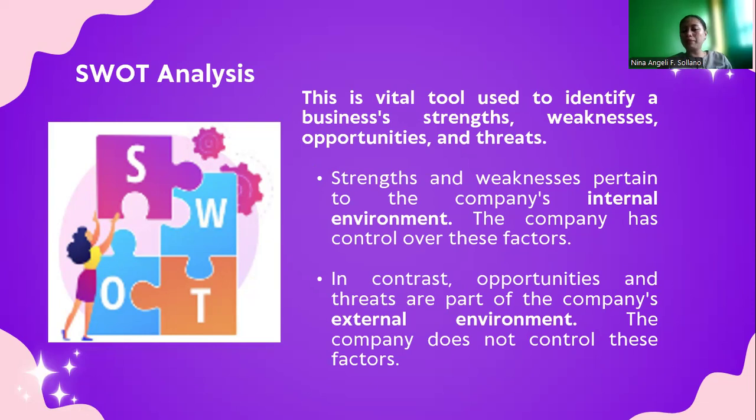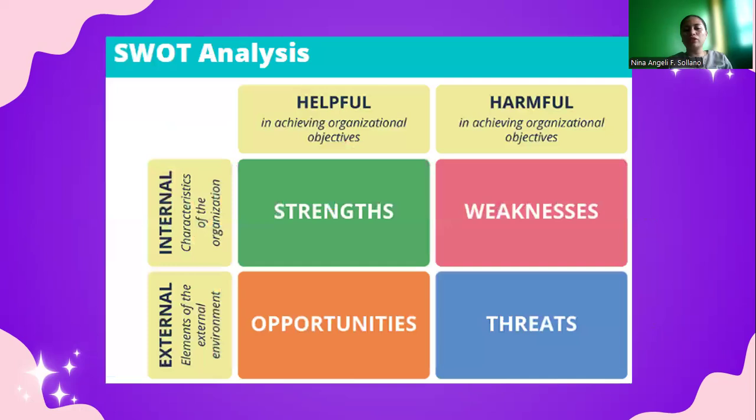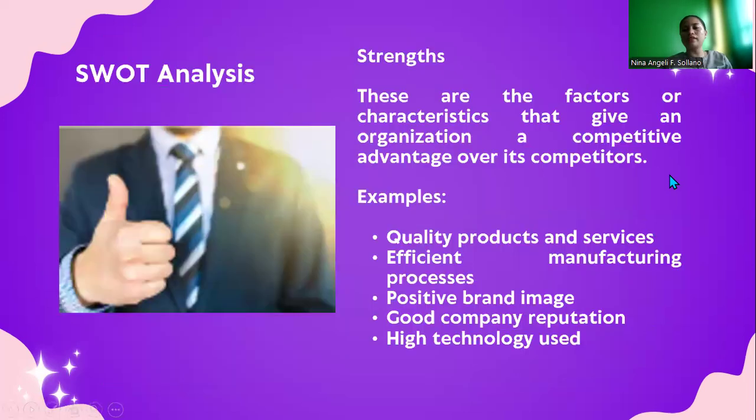So you need to expect these in your company. There may be a lot of opportunities that will happen, or there are also times that there are threats. Okay, so the helpful part is the strengths for internal and the opportunities for external, but the harmful part is the weaknesses and the threats.